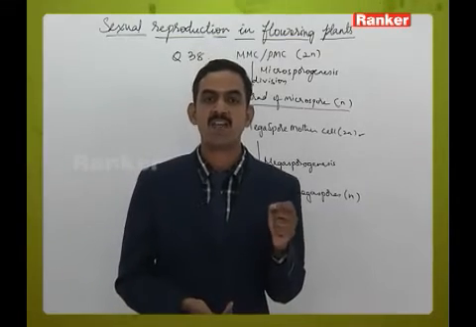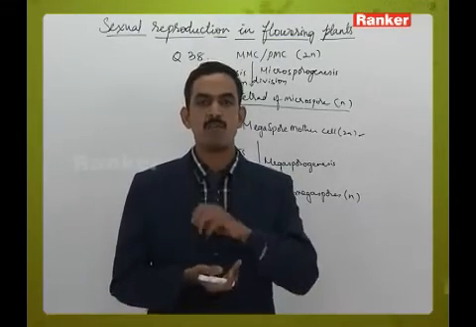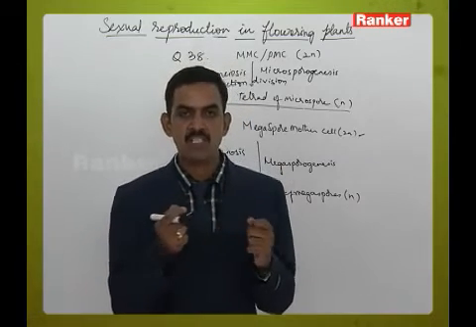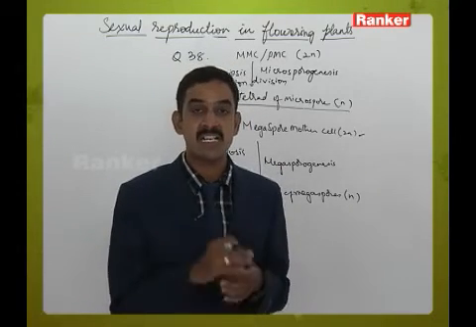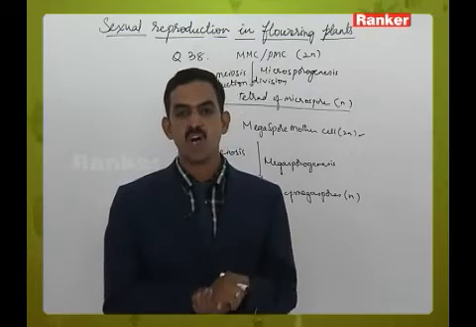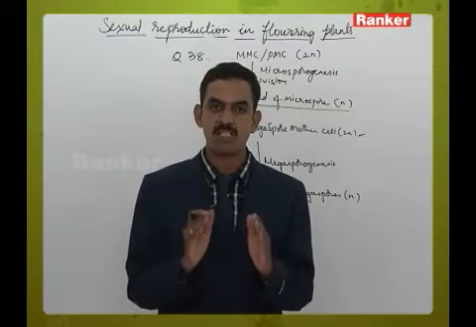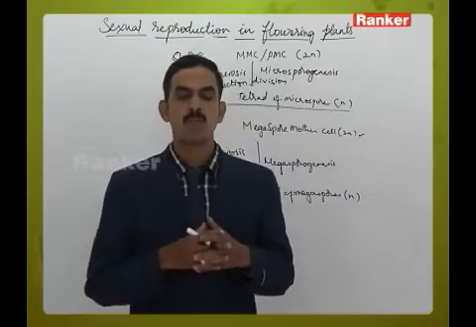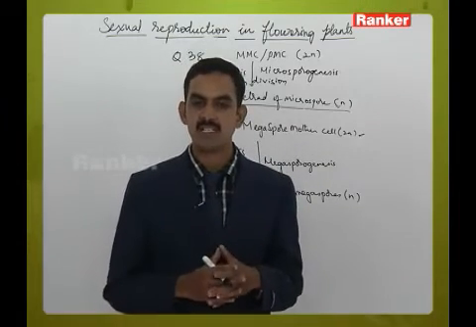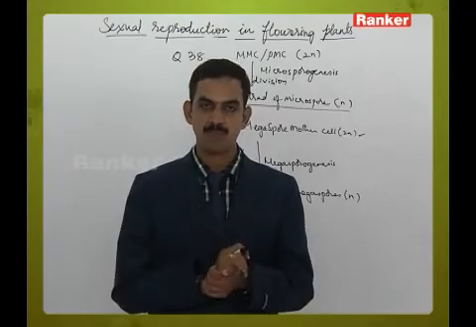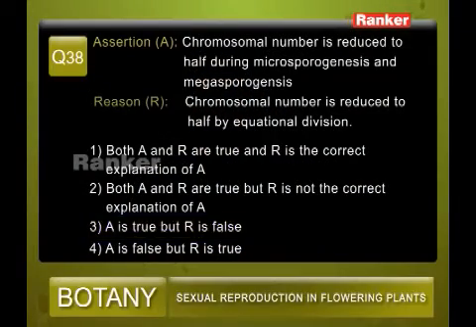During anaphase 1. Why? Because there is a segregation of the genomes, or disjunction process. Because of the disjunction or segregation of genomes, the chromosomal number is reduced to half. So based on the two statements, the assertion statement is correct and the reason statement is false. Question number 38, the correct answer is 3.